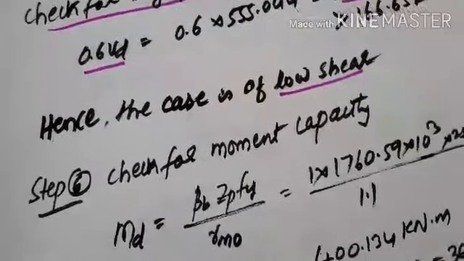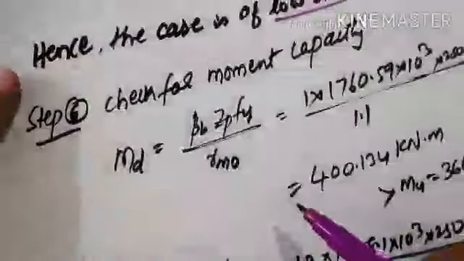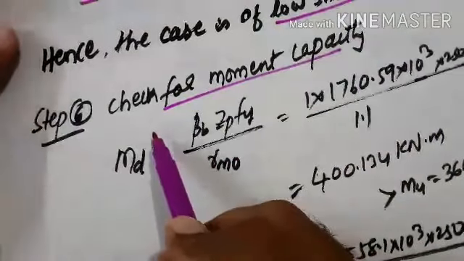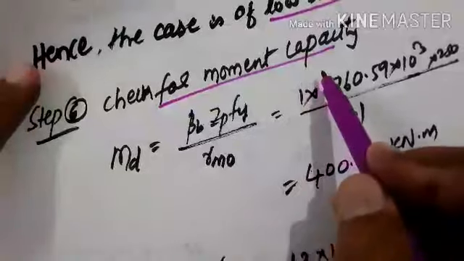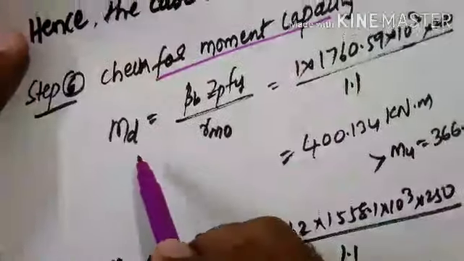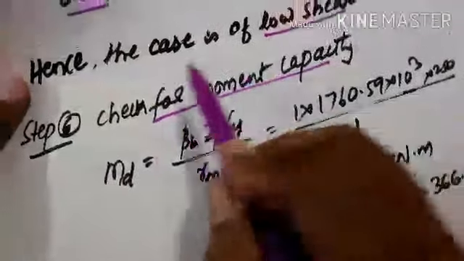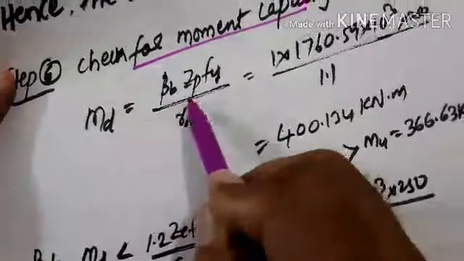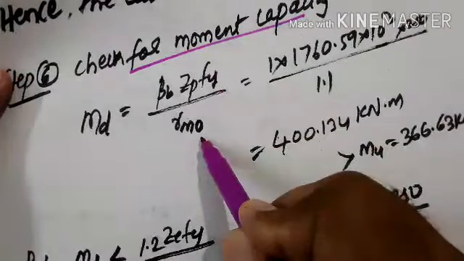Hence for the low shear case, the design bending strength is to be calculated. The next step will be step number 6, check for the moment capacity. The formula for low shear, that is when the section is of low shear, the design bending strength will be beta B ZP into Fy divided by gamma MO.